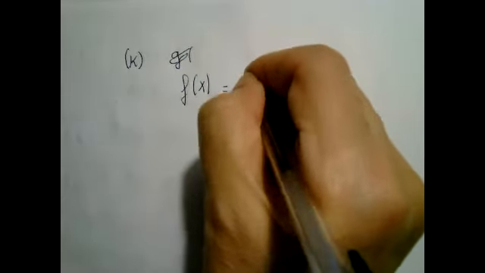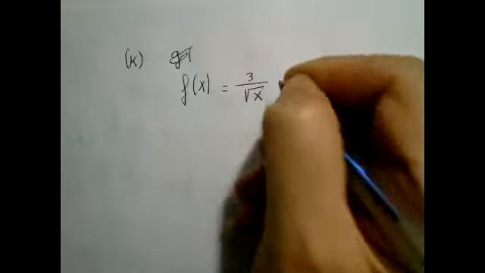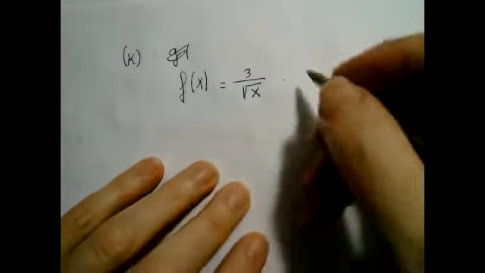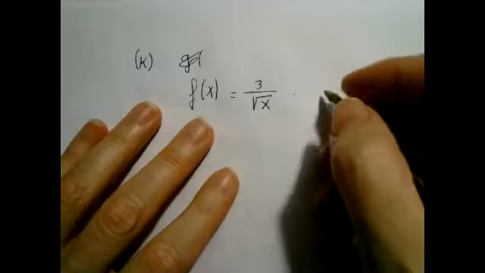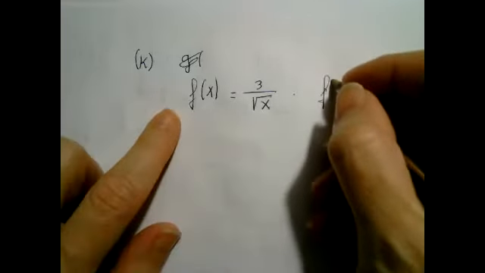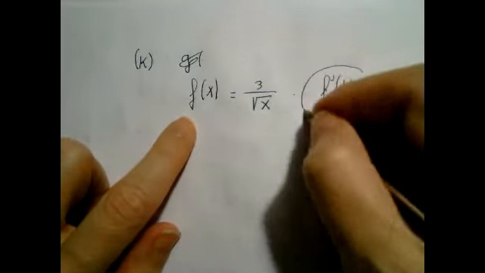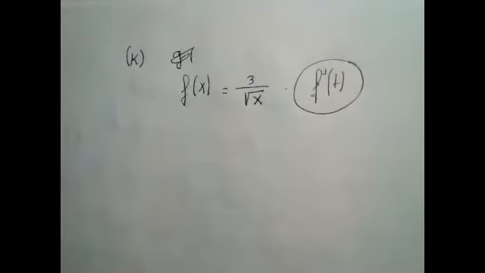I have the function f of x equal 3 over the square root of x. Okay, and the question is find f inverse this time of t. I'll give you a minute or two to interact with it, get going.